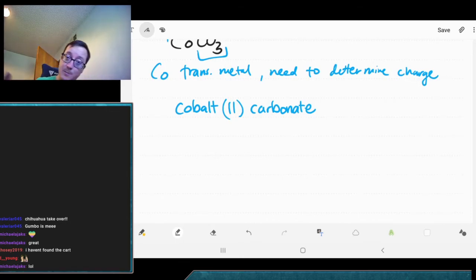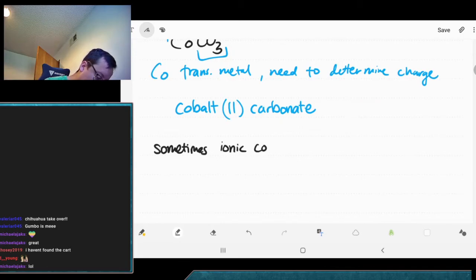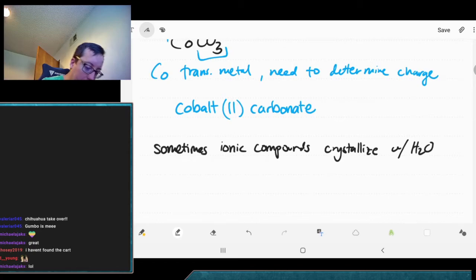One more last bit about ionic compounds is sometimes ionic compounds crystallize with water. And it's a bit weird to say, but we might think about crystals alternating sodium chloride, sodium chloride, sodium chloride, right?